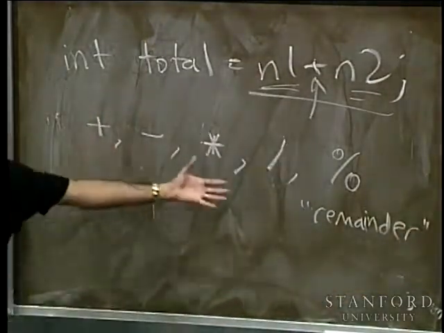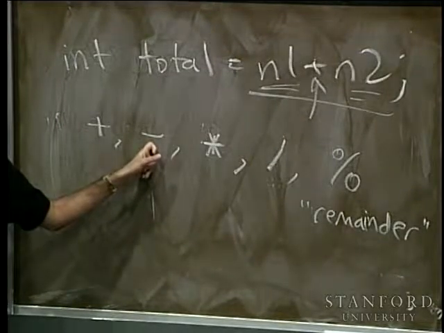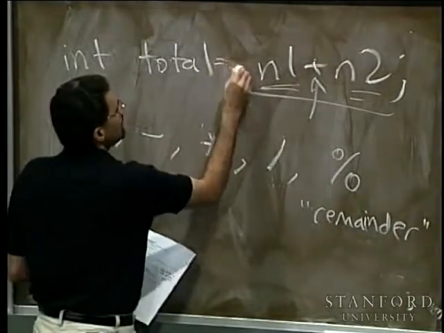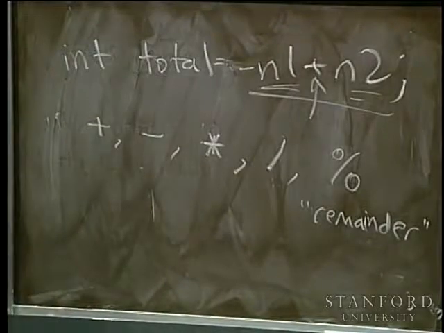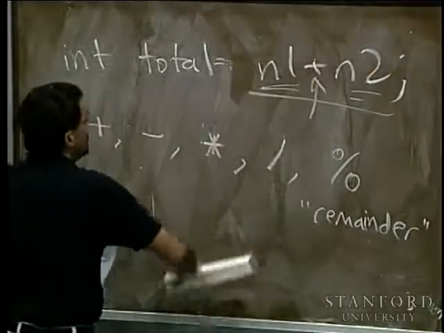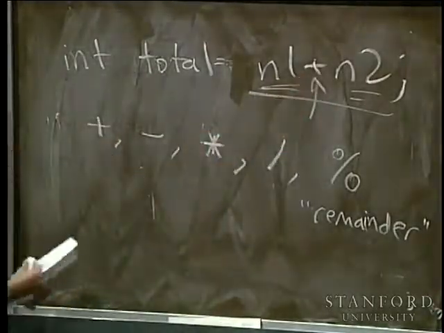So these puppies all generally work like you would think. Add 2 numbers, subtract 2 numbers. There's also a unary minus. A unary minus is the funky mathematical way of saying negative sign. So you could actually say something like equals negative n1 plus n2. That's a unary minus. That's perfectly fine. Or you can use that same symbol as subtraction if it's between 2 terms.